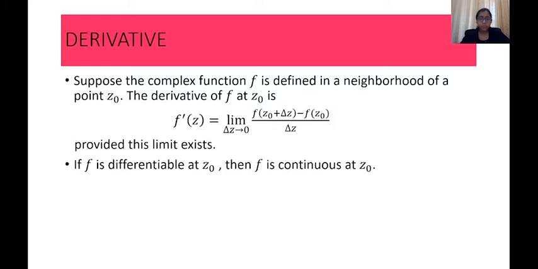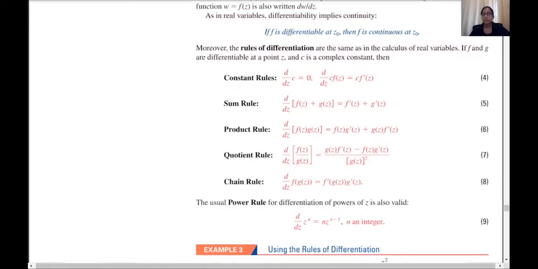So pretty much similar to the concept of real numbers, and we shall see some other rules of differentiation which are applicable. For example, the constant rule, the sum rule, the product rule, everything that we have done in the real case is applicable here also.